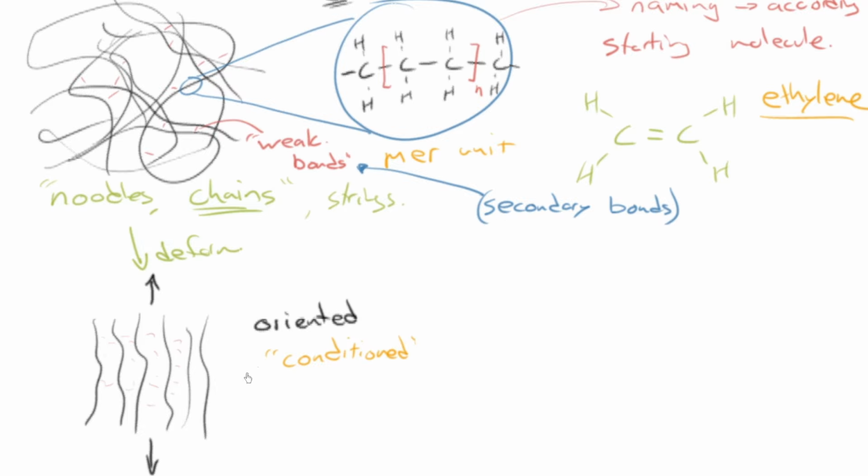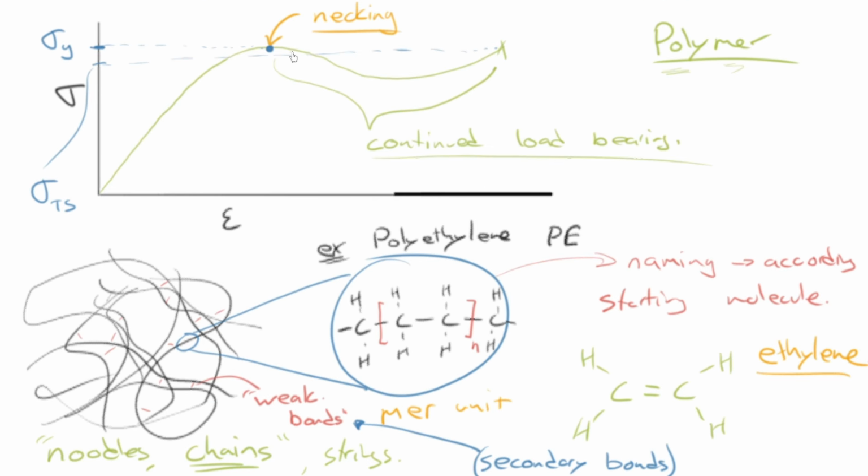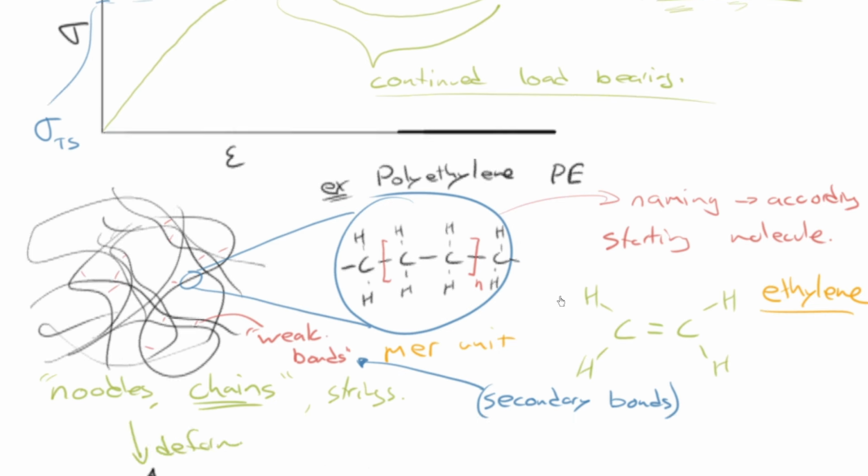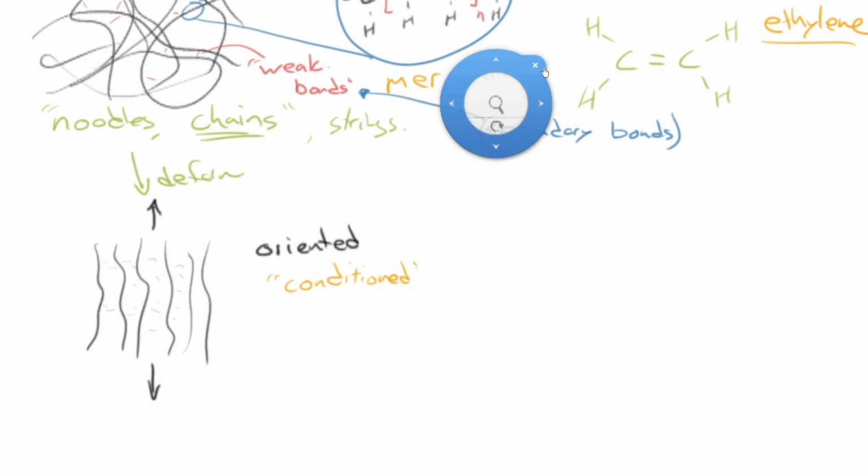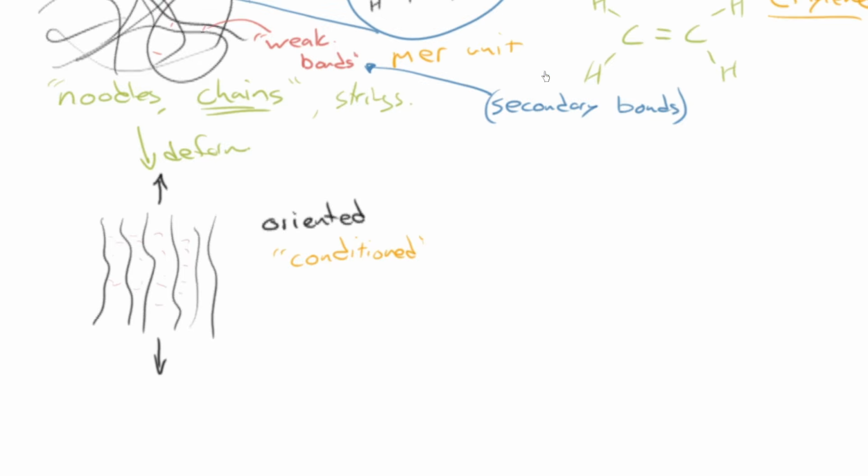So now we've got the strong bonds, these are the black lines here, oriented up and down with the loading axis, and it becomes stronger, and that's why it doesn't break. Back up here at the top when I showed you the stress strain curve, because we get chain orientation in here, and it gets stronger and the neck doesn't break, and it continues to load bear. But here's one last thing. Let's see if we can use this model to predict a behavior, because a model is only good if it can predict something for us.